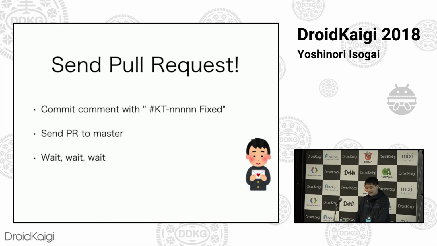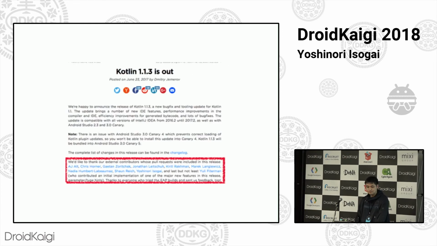After sending a pull request, you comment the URL to the YouTrack issue, as I said before. And well, JetBrains staff are really, really busy, so just wait until they respond. And if you successfully merge at least one commit, your name will be listed in the Kotlin official blog post.